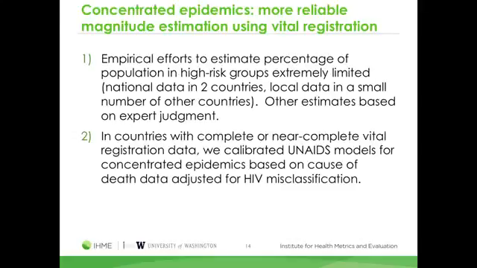In concentrated epidemics, where we shifted to using, for example, in a country like Brazil or Mexico or in Thailand, using cause of death data, we end up, on average, finding that the epidemic is smaller than the assessments based on expert judgment of the size of high-risk groups.